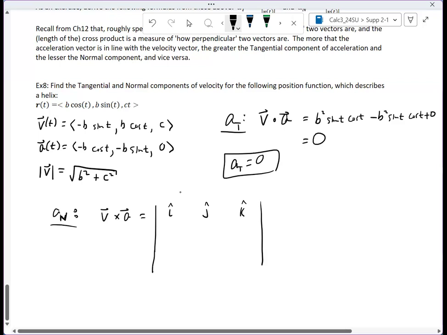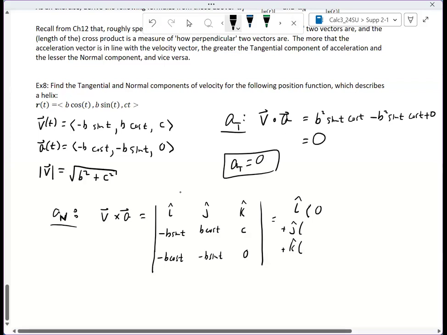So v cross a, we have negative b sine t, b cos t, and c, negative b cos t, negative b sine t, and 0. And again, for i, on my main diagonal here, I have i times b cos t times 0, so that's a 0.